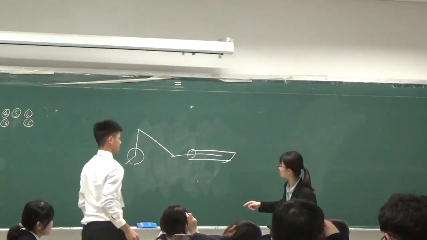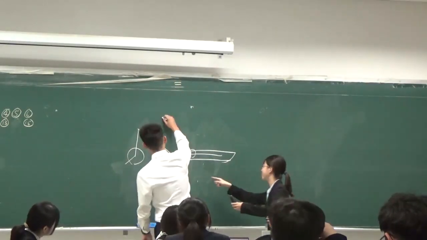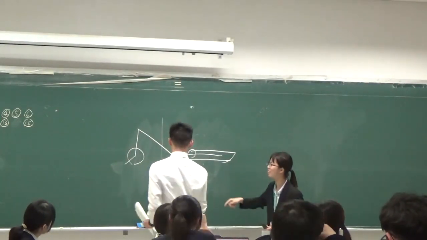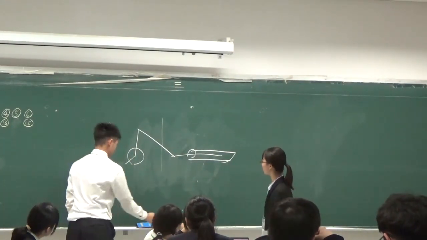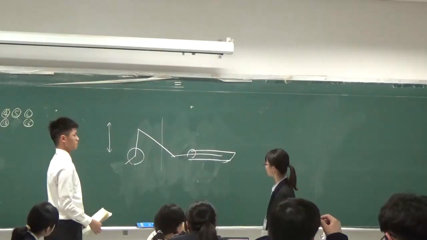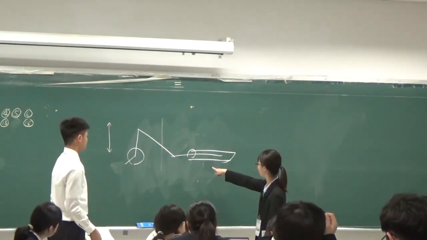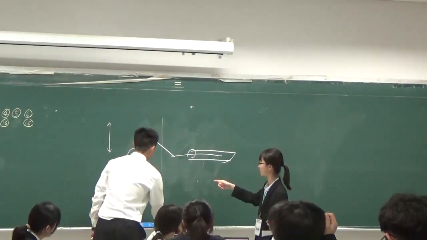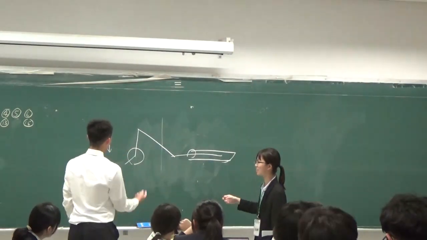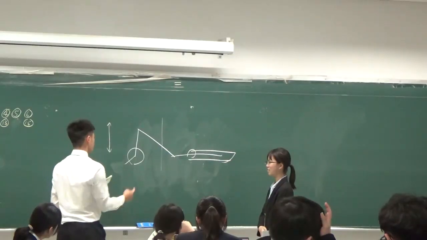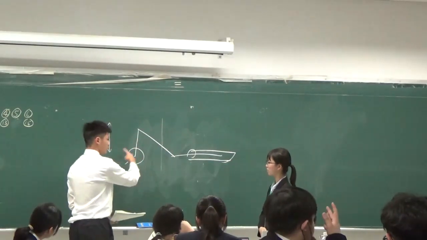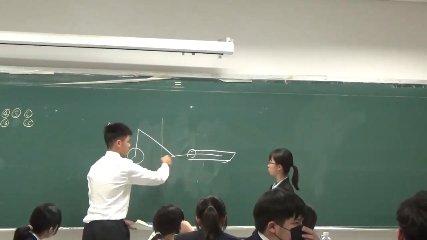I made it wrong. So it should go up and down. I suggest that you use a mechanical linkage, and a mechanical linkage can change the rotation into a steady oscillating motion.